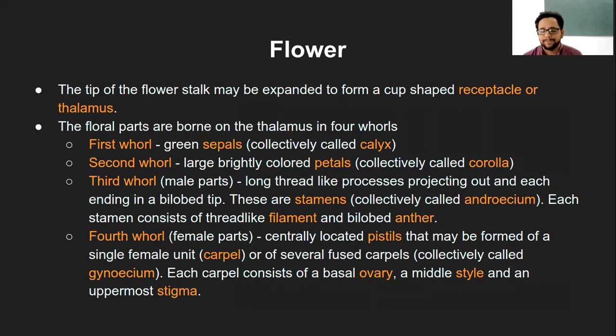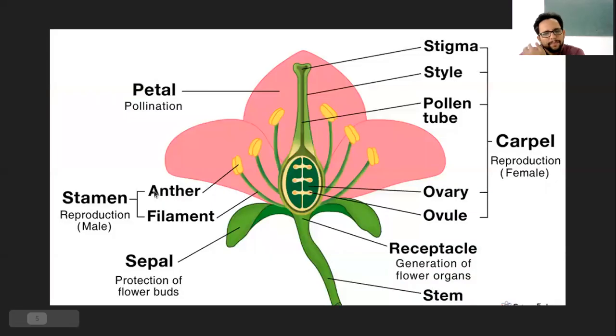The second whorl is the corolla or petals. Now, these large, brightly colored petals are collectively called the corolla. In some cases you have round or elongated shapes. In some cases they are fused, or in some cases they are separate. In some cases they are arranged in one single circle, or around the reproductive structure, or only on one side.